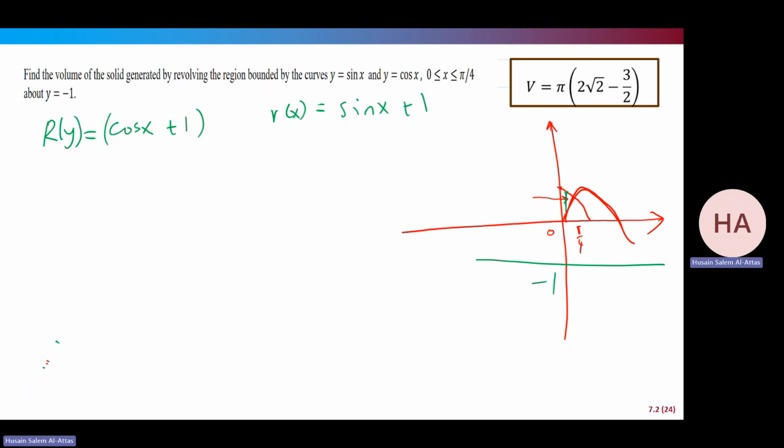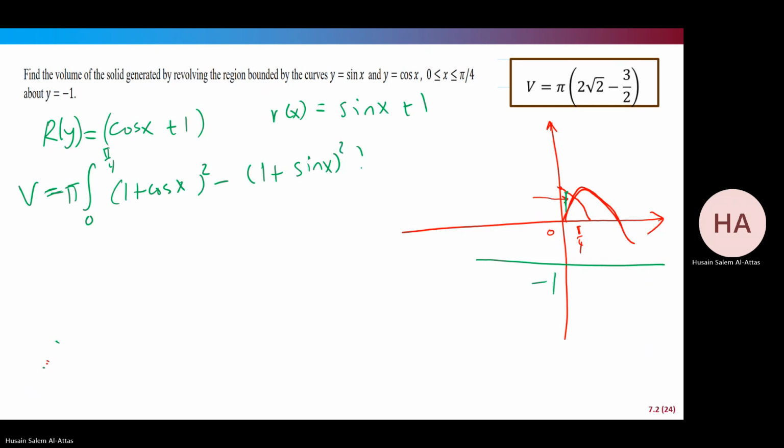So the volume will be pi, integral from 0 to pi over 4, of the outer square minus the inner square. Let's write it as 1 plus cosine x, because the argument is the angle x only, dx.